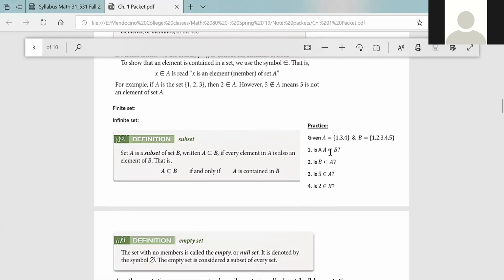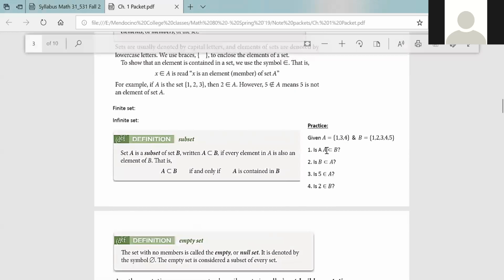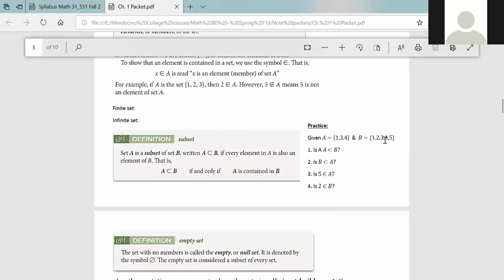Is A a subset of B? So is everything in A contained in B? So are 1, 3, and 4 in the set B? And so the answer is no, right? Because 4 and 5 are different. Right, but are these in this? Yes. So that'd be a yes. So A is in B.